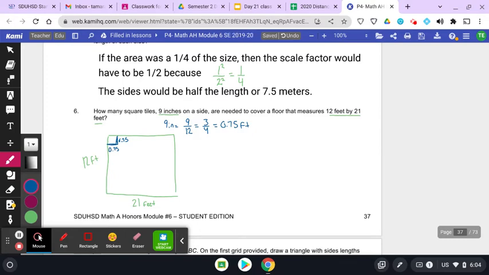Okay? So I have to think. My big area is 12 times 21 feet squared. 12 times 21, 252 feet squared. And I'm covering it with little tiles that are 3/4 by 3/4.